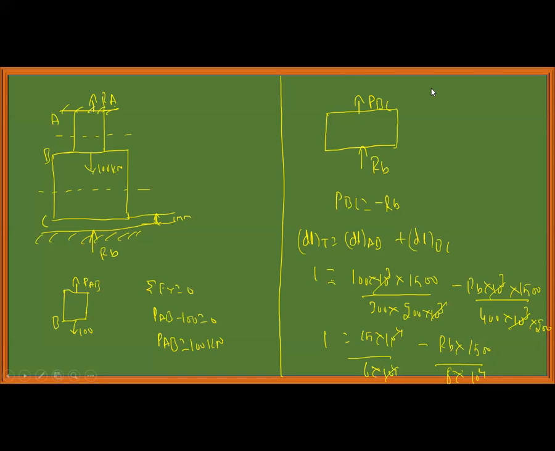I got the same, 60 only, sir. Where have we done wrong? Can you tell me? 300 into 200, minus 1500 by 400 into 200.